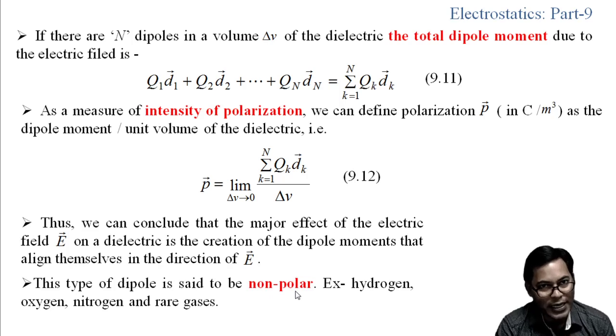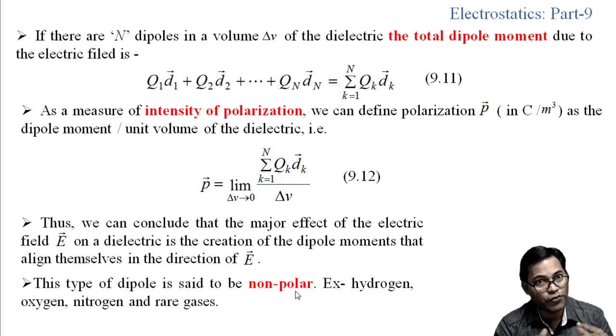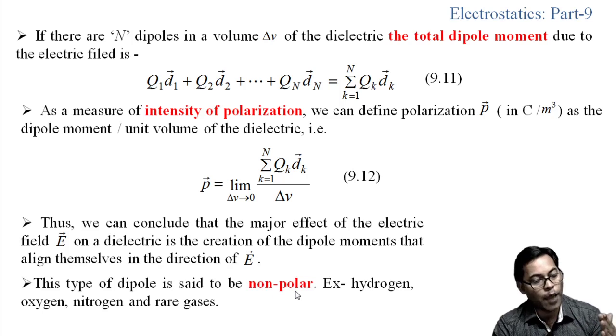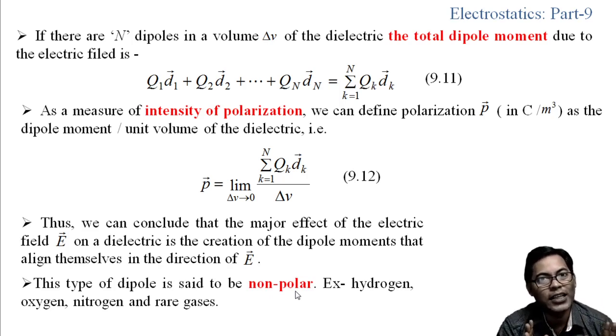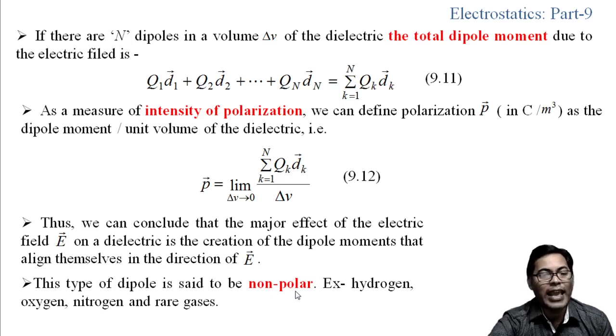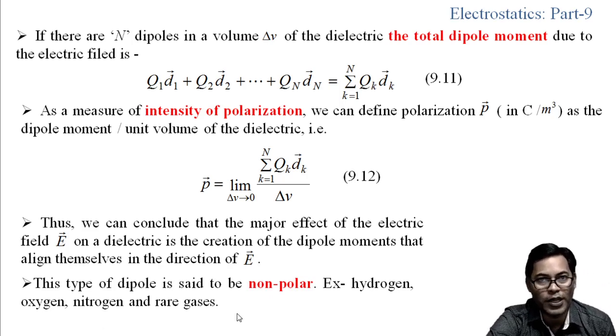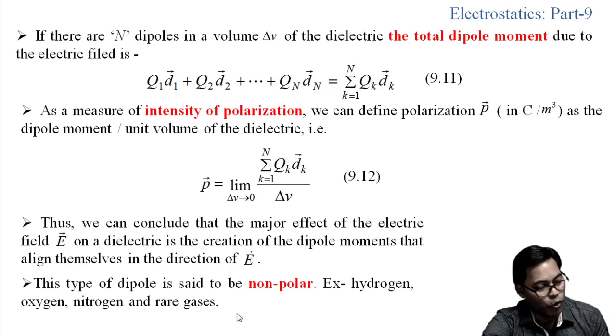The dielectric material in which there is no dipole, but when we apply the external electric field, the dipole is formed, and this formed dipole will orient itself along the direction of the electrostatic field, and the material is called polarized, and this type of dielectric material is called non-polar material. An example is hydrogen, oxygen, nitrogen, rare gases, all these are examples of non-polar material.